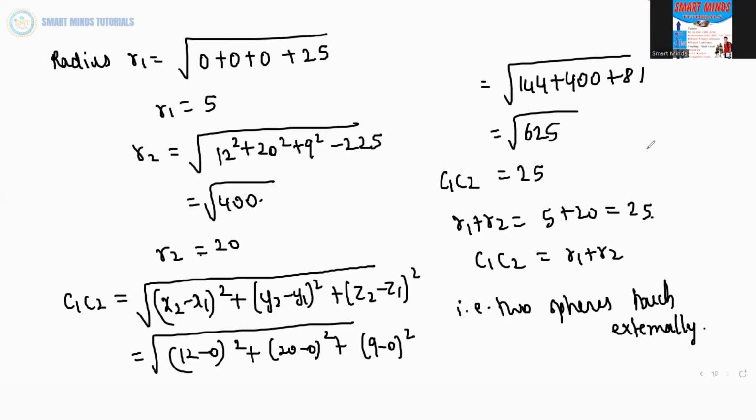So we got to know that the spheres touch each other externally, right? So where they are touching, there lies the point of contact. Where they touch, let alpha, beta, gamma be the point of contact.